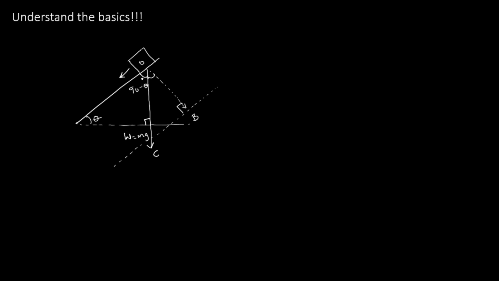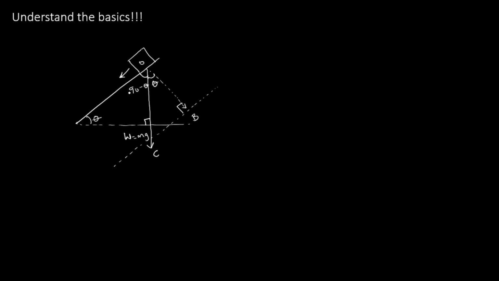Now, if we take a look at this line here, we said this is the parallel component while this is the perpendicular component. If you observe, they are at 90 degrees to each other. So if this part here is 90 minus theta, it means therefore that this part here must be theta, because the sum of this angle and this angle must be 90.